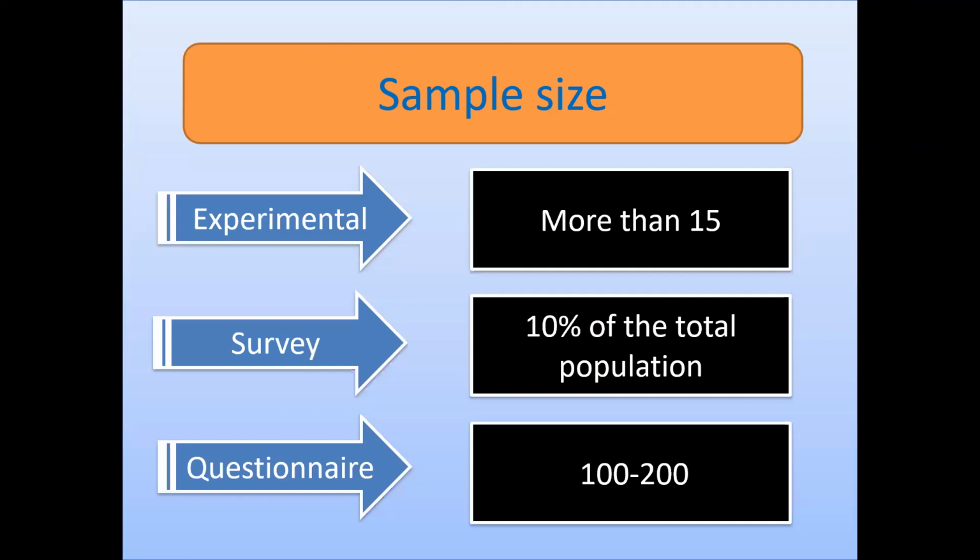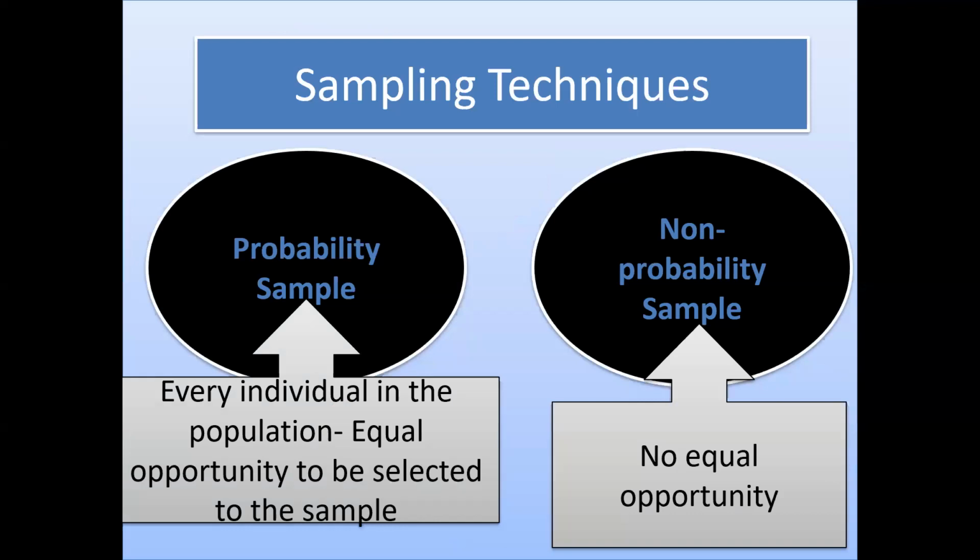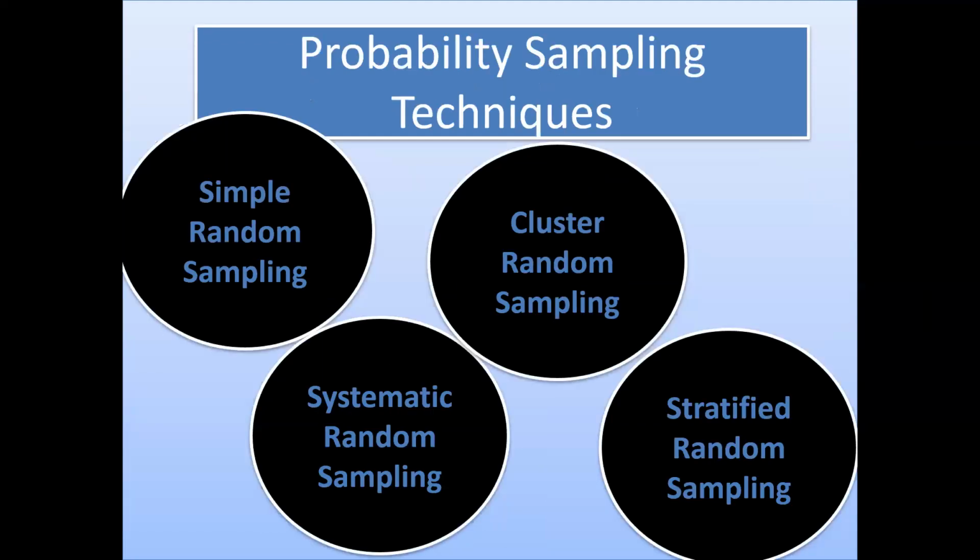Then we discussed sample size, and the difference between sample and population. In probability sampling, every individual has an equal chance of being selected into the sample from the population. In non-probability sampling, there is no such equal opportunity. From probability sampling techniques, we discussed simple random, systematic random, and cluster or stratified sampling.